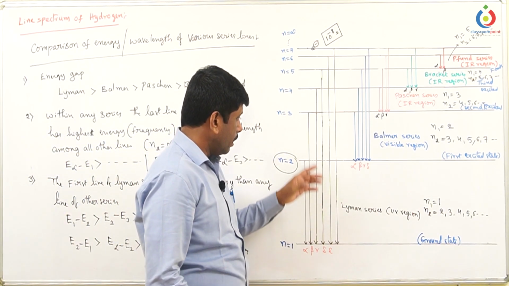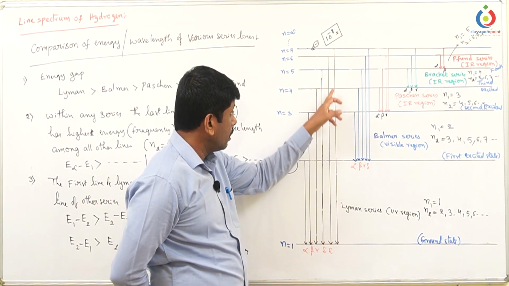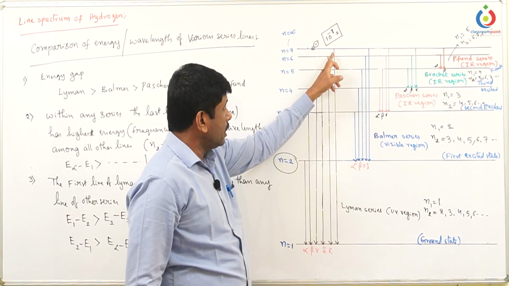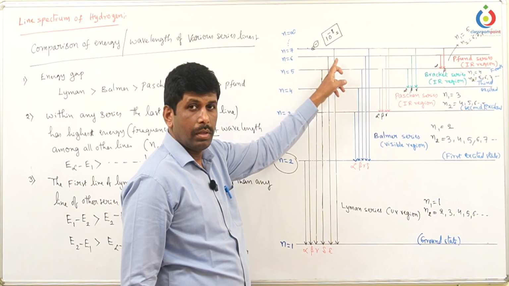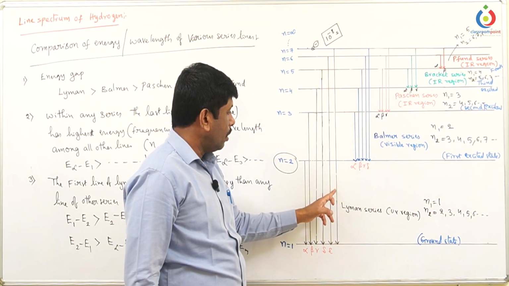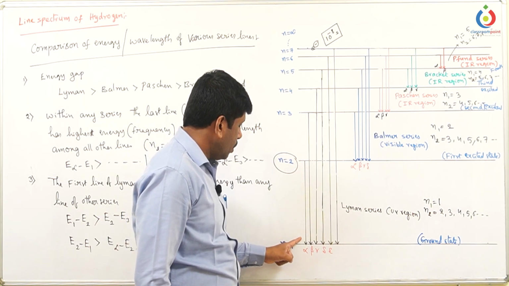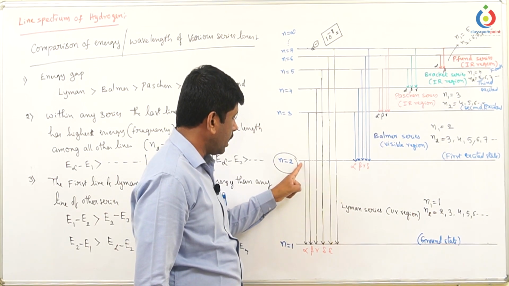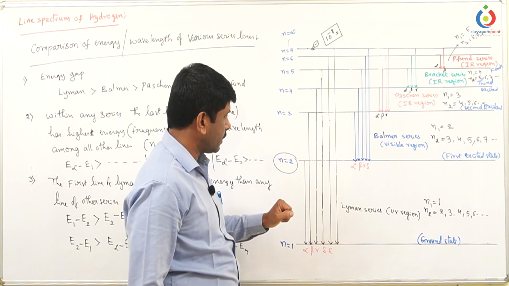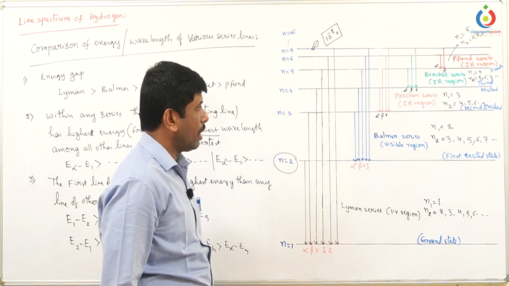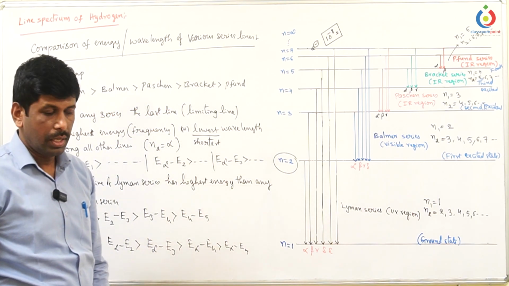That's why in this Lyman series, the last line is called the line with highest frequency and lowest wavelength. And the first line is called the lowest frequency and highest wavelength within the Lyman series. But when compared to the other series, the first line carries more energy than the other series of lines.